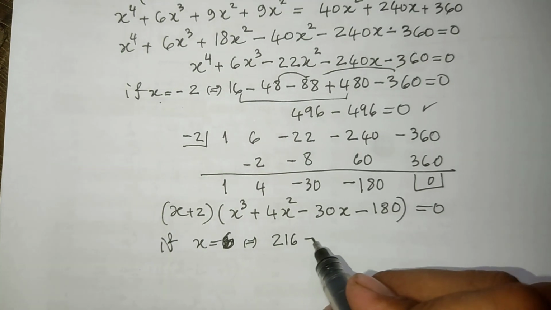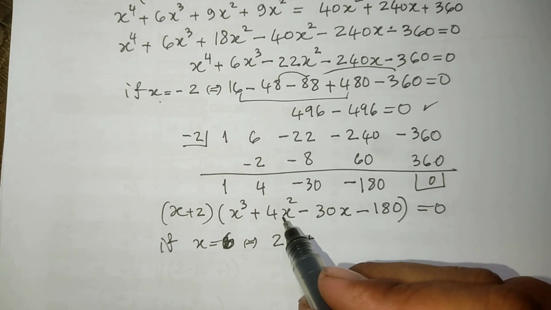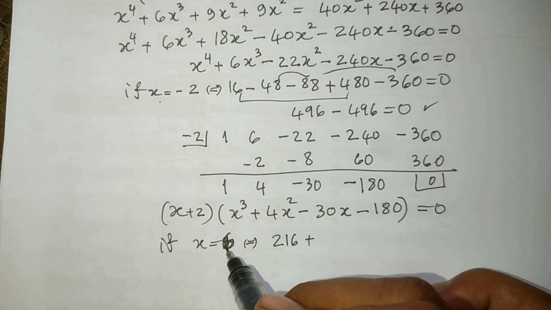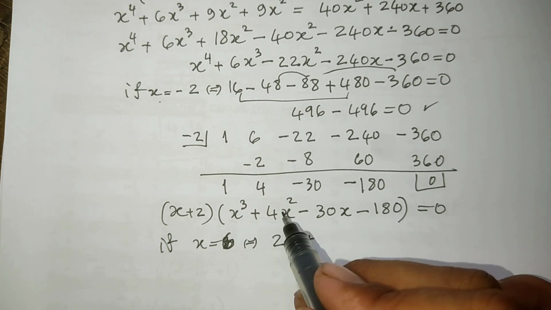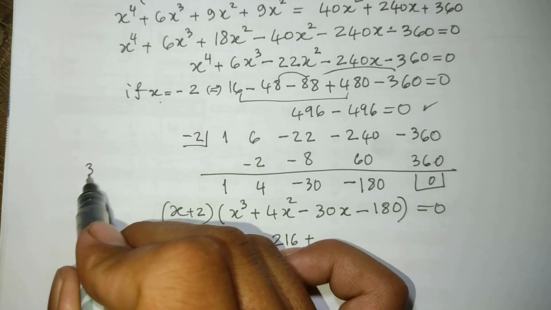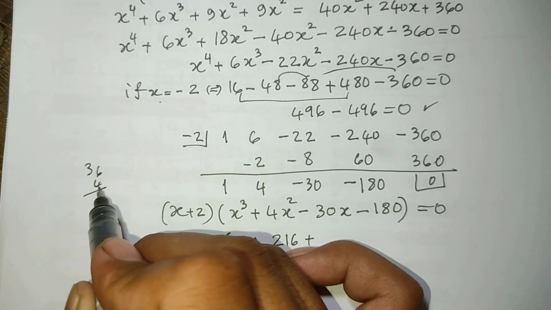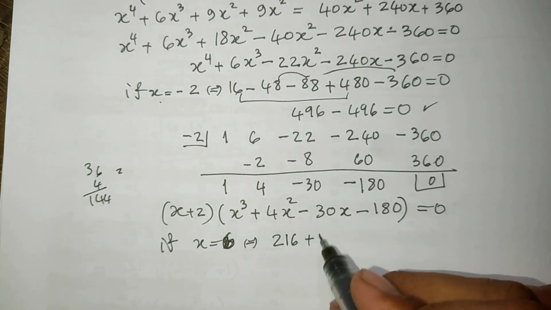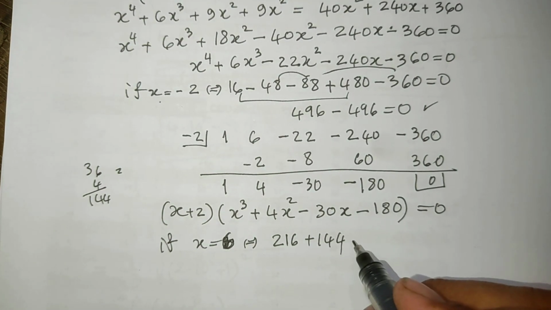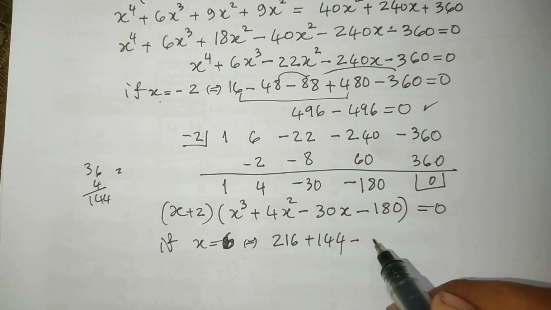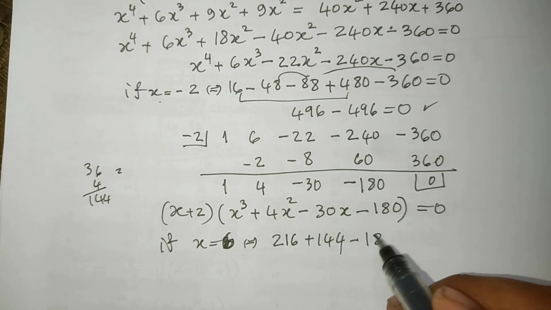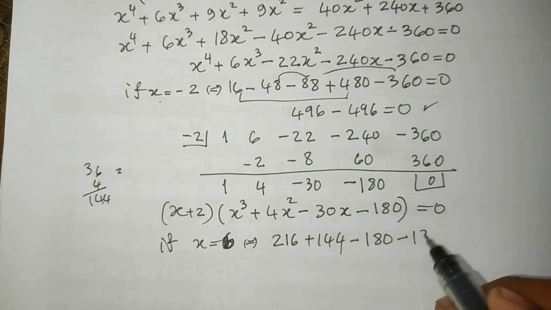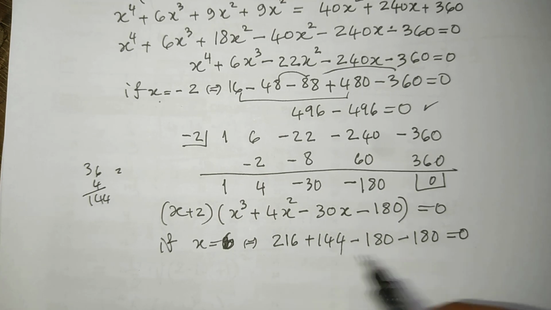216 plus 6 squared, 6 squared equals 36, times 4, we get 144, minus 180 minus 180 equals 0.